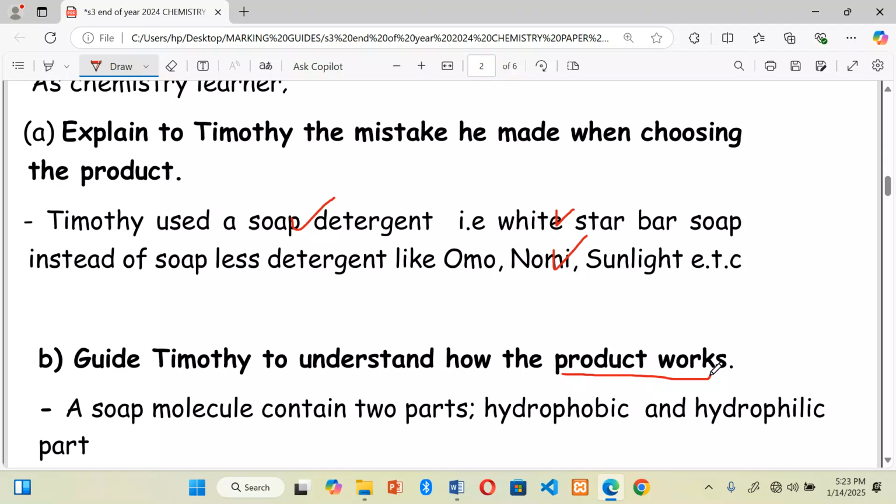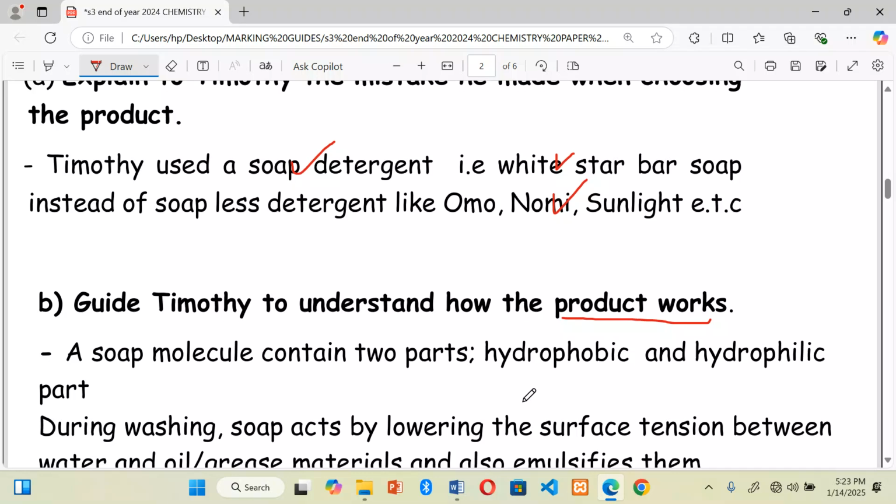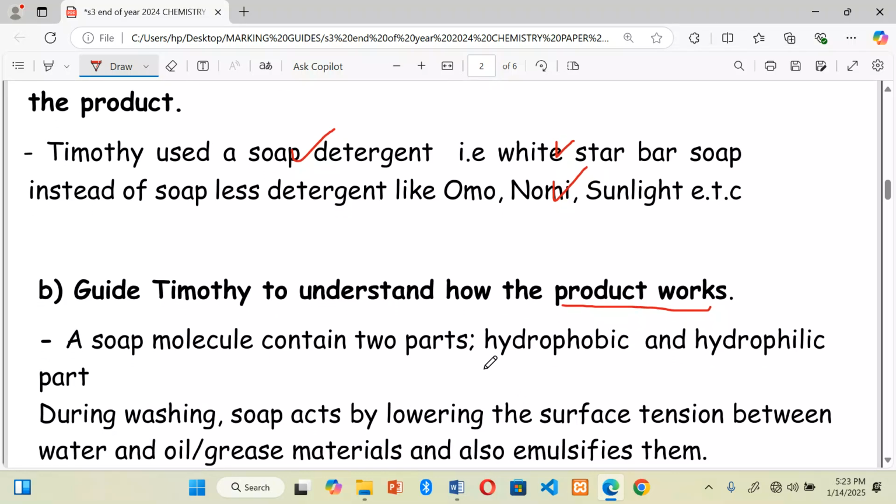When we are talking about the cleansing action of soap, what do we talk about majorly? The structure of soap, and we know that the soap molecule has two parts, the hydrophobic and the hydrophilic part. That is a major thing that we need to talk about.